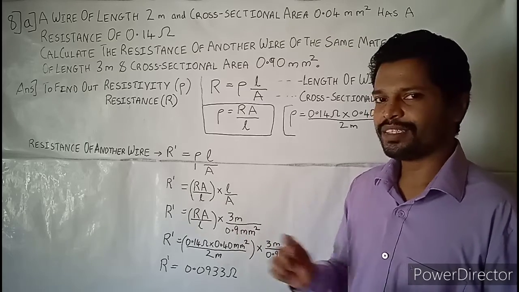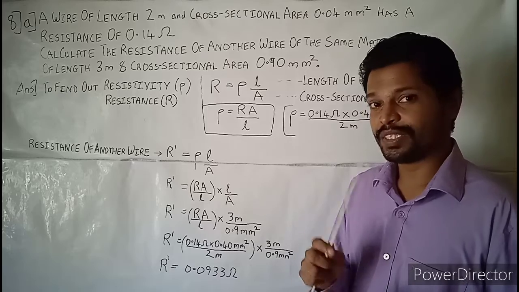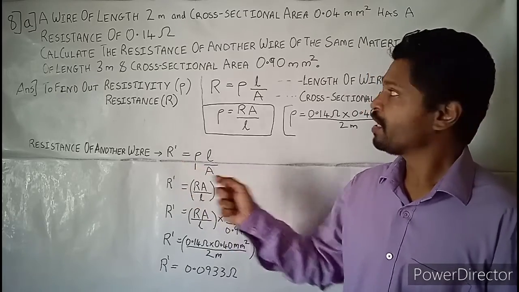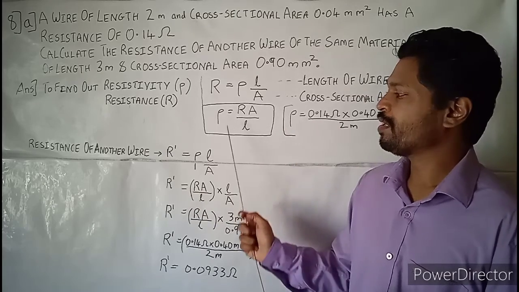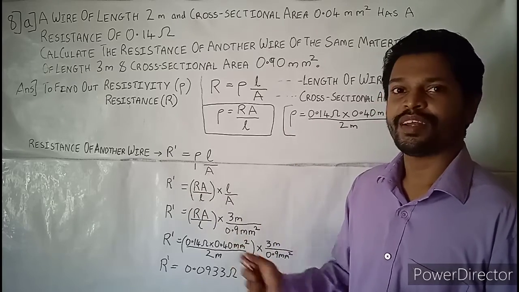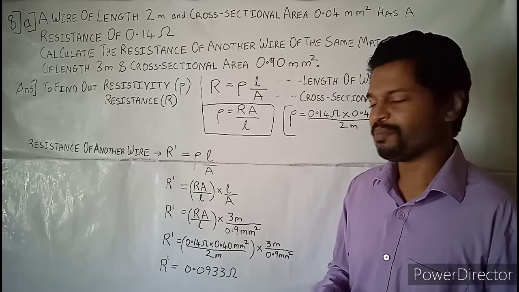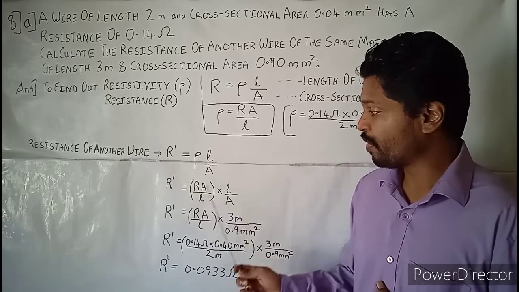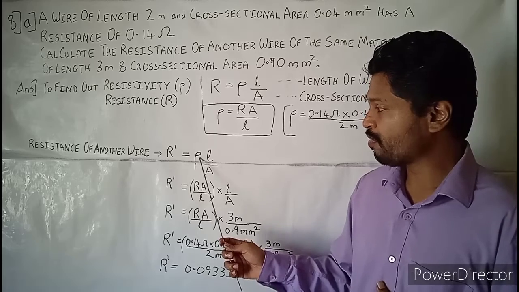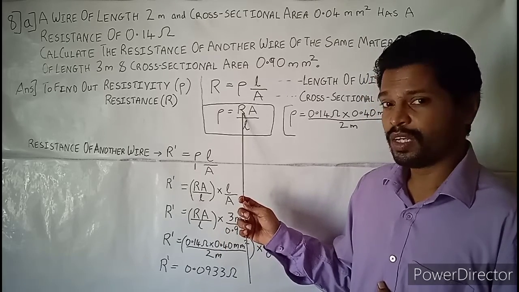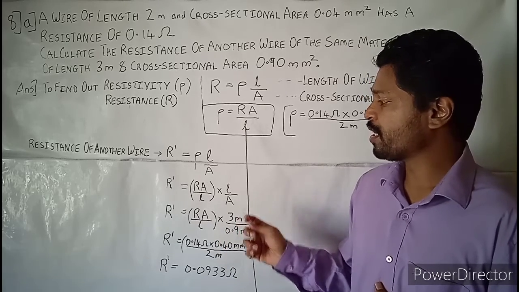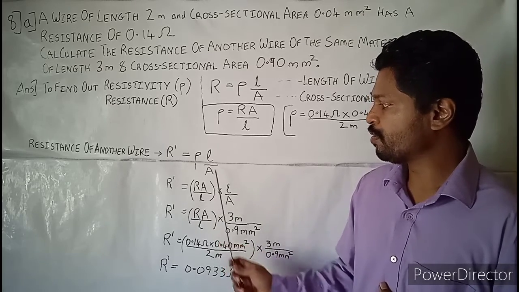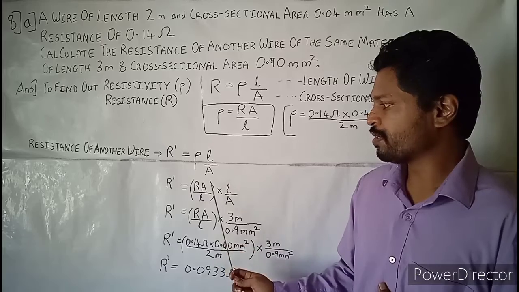Okay, so that is the doubt which is coming into your mind. Rho, you can see, is the resistivity. If the material is the same, then resistivity will be the same. So we will be substituting this over here. In place of rho you will be putting resistance into cross section area divided by L. Then these things you will be putting in the same place.